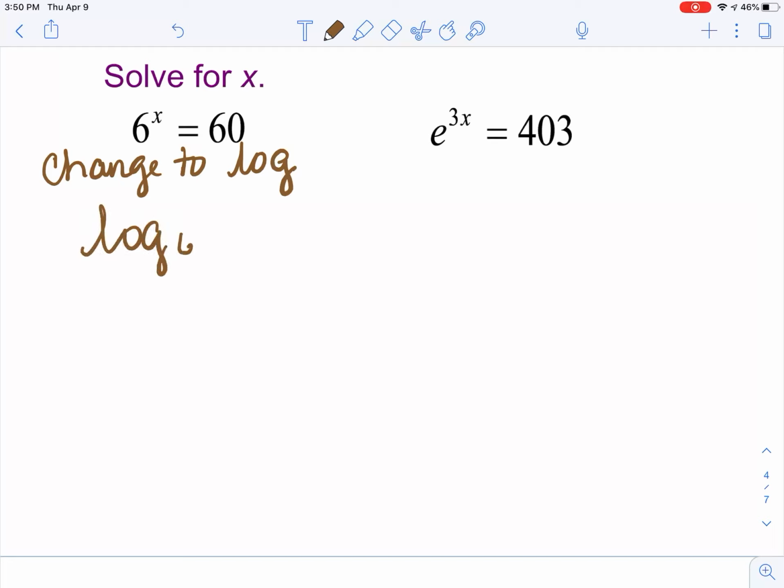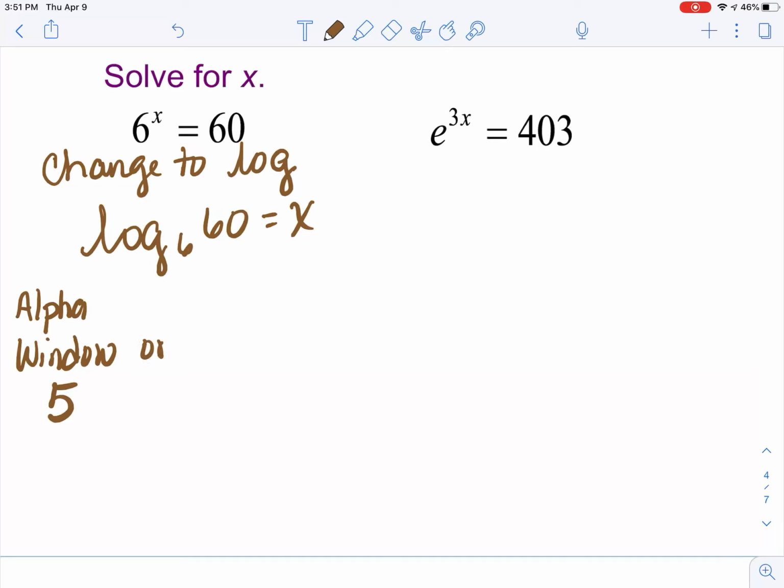So log base 6 of 60 equals x. And you know by now you can probably put that in your calculator by doing alpha window 5, or you can do the change of base.